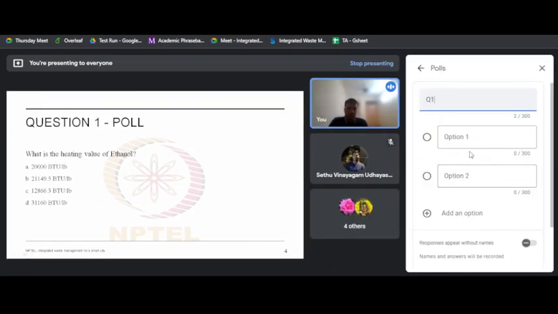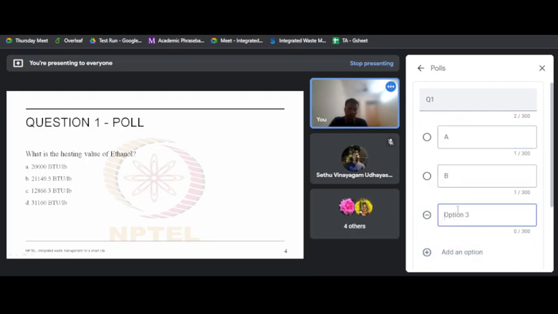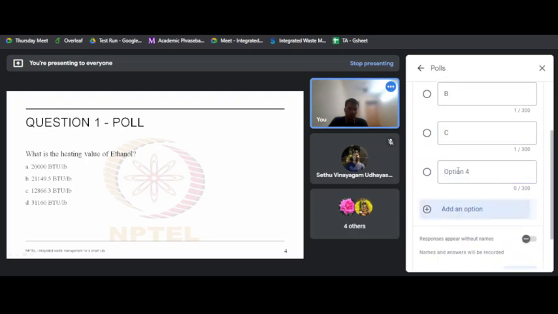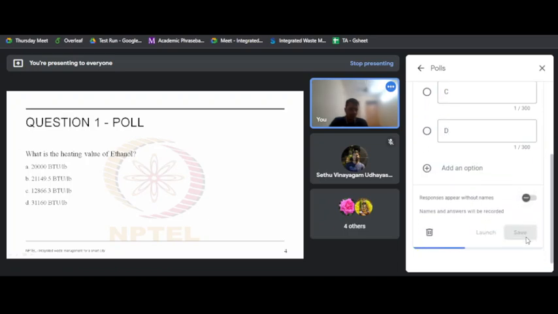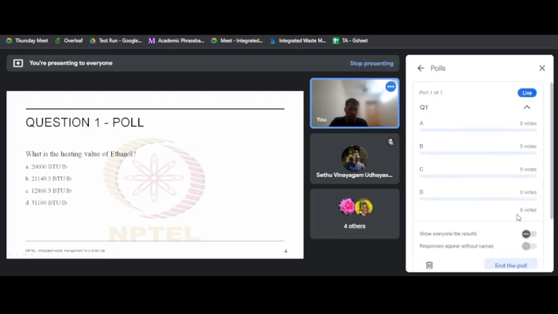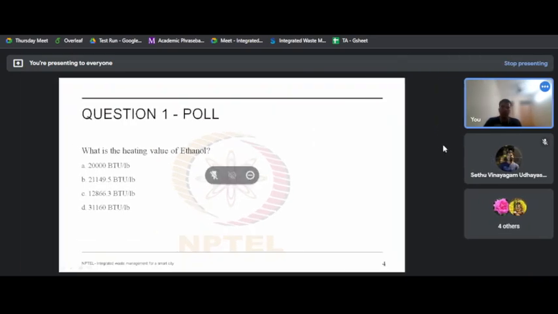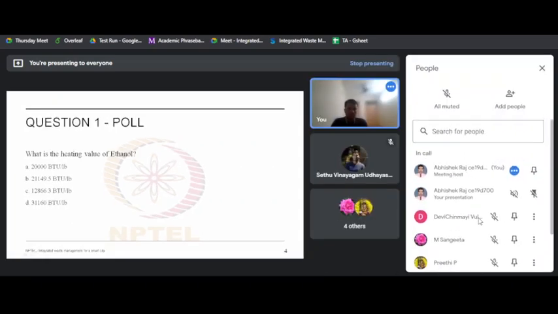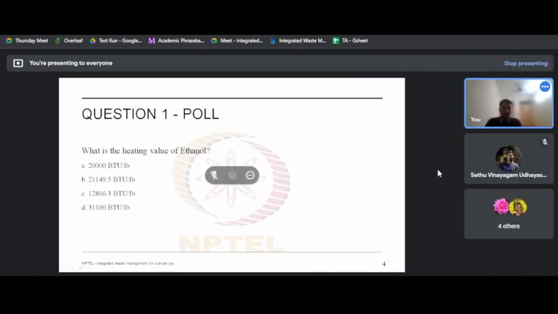I will give you around 3 minutes for this, since this is a numerical. It'll take some time to solve. Take your time and solve it correctly. I will even give a hint, you need to use Dulong's equation.